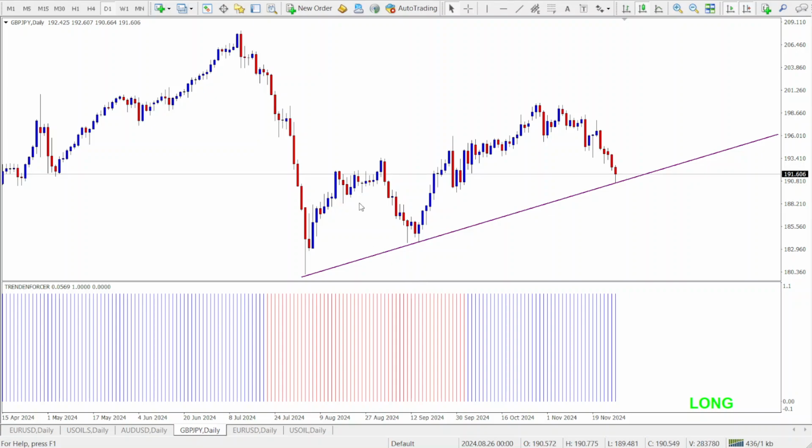Whenever you have a series of red bars, just know that it's indicating a sell momentum. It shows that there is sell pressure in the market. When the bars change from red to blue, it's a sign that bullish momentum is coming in, so you can enter a buy.